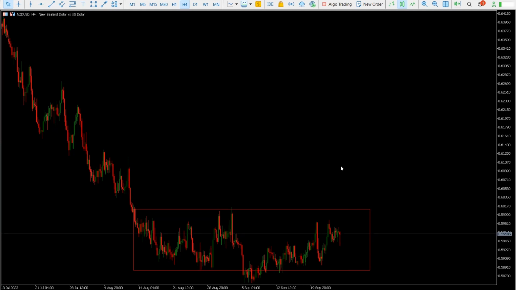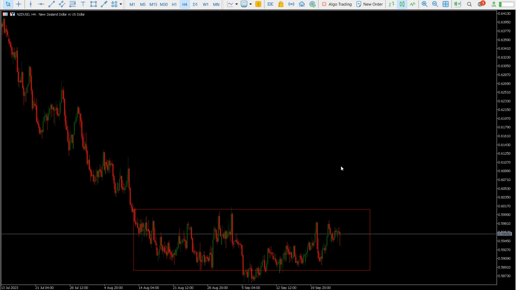Despite mixed economic data releases, there were some highlights that contributed to New Zealand's strong performance. The New Zealand dairy auction prices increased for the second consecutive auction, with both overall prices and key whole milk powder, the WMP, prices rising by 4.6%.